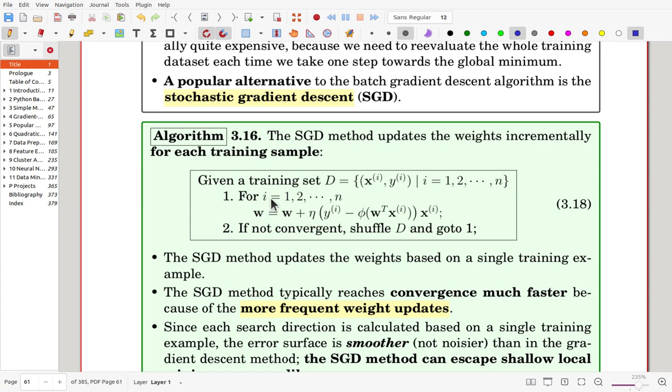Then the shuffled data set is accessed one point at a time in each iteration. Once you finish this pass, you finish one epoch.